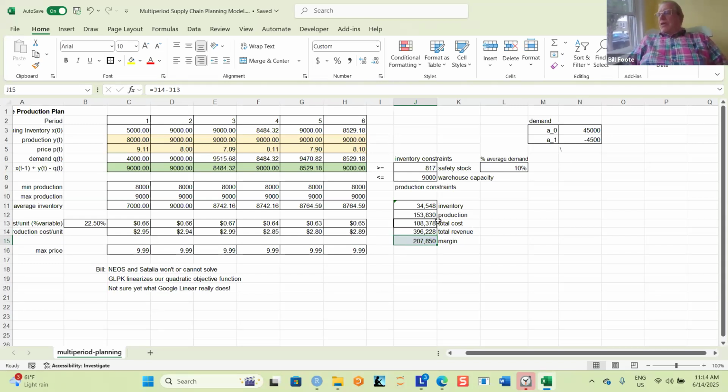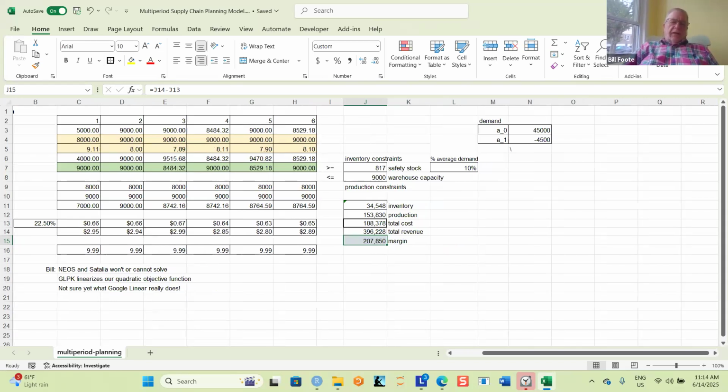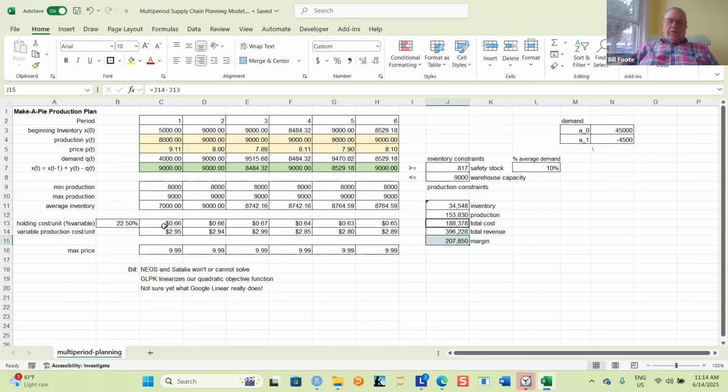Those are the only two categories that I have. Inventory costs to store things. Okay, so we have a cost of 66 cents a pie to store it. Might need refrigeration, might need deep freeze, whatever it is. And we have people. There's a labor component to that as well.